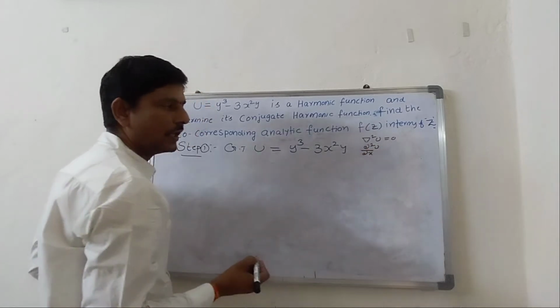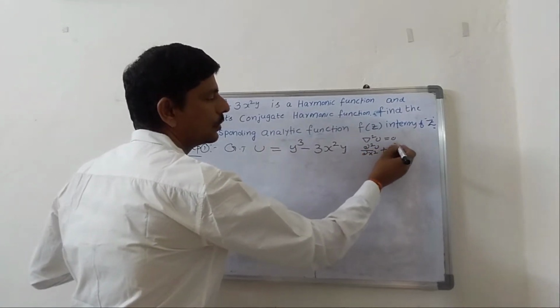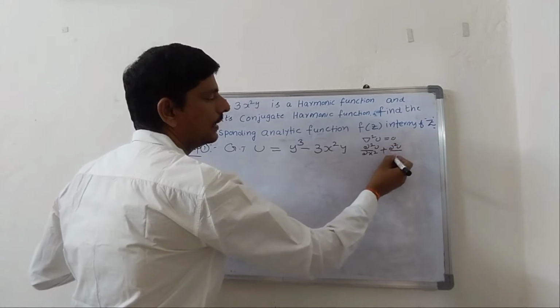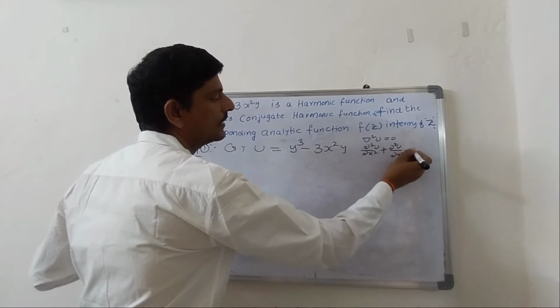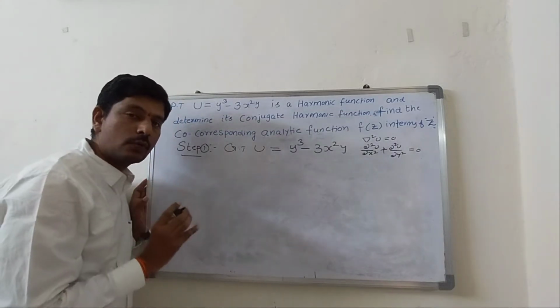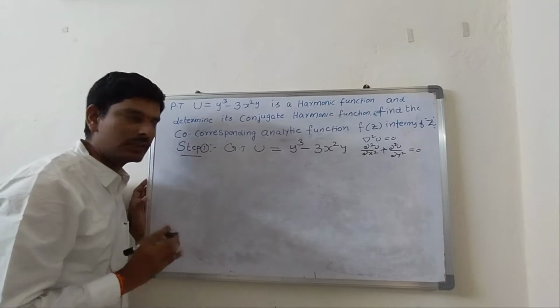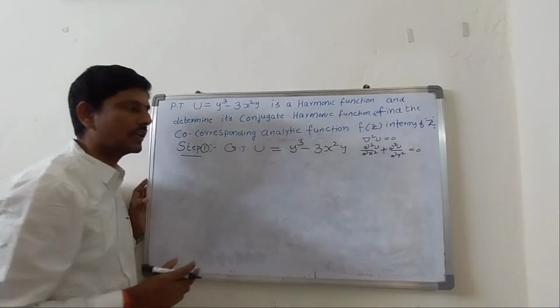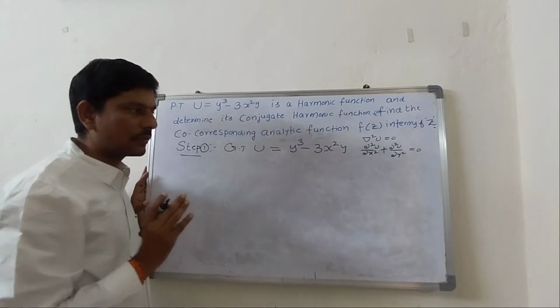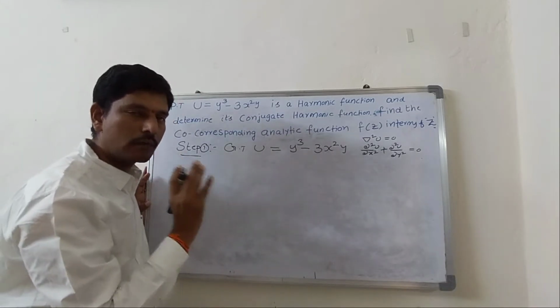That means dou square u by dou x square plus dou square u by dou y square. This is called as del. Del square u is nothing but dou square u by dou x square plus dou square u by dou y square equal to 0. That means if u satisfies this equation, then u is said to be harmonic function.